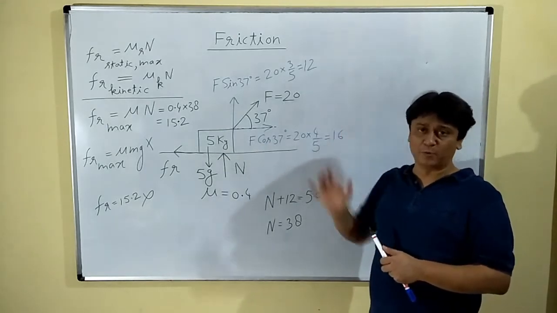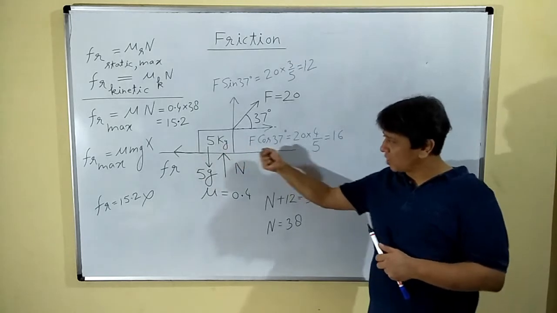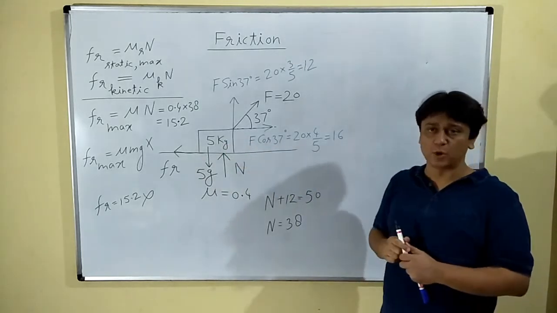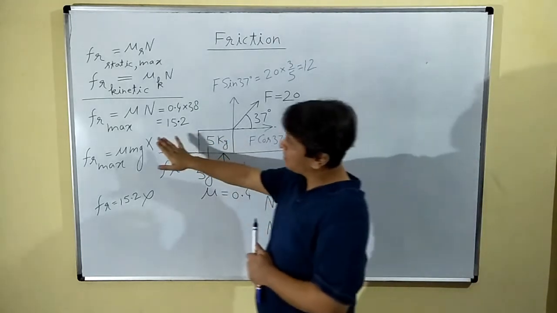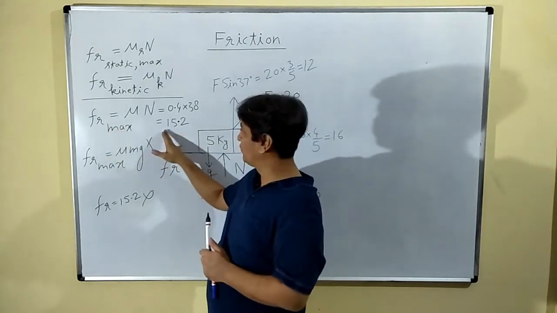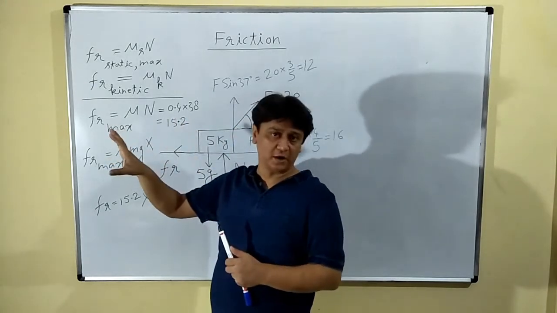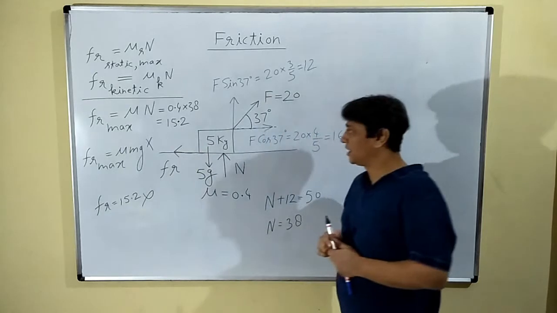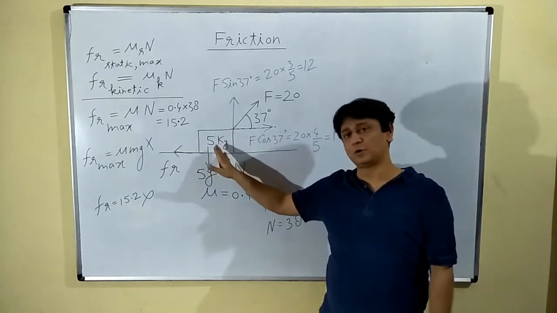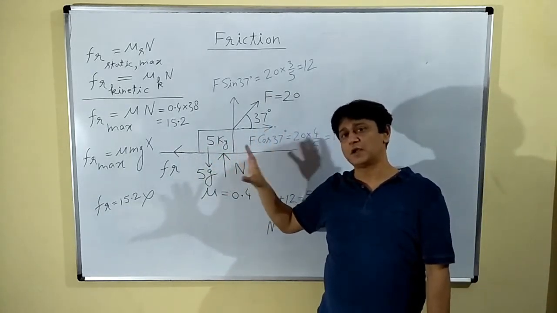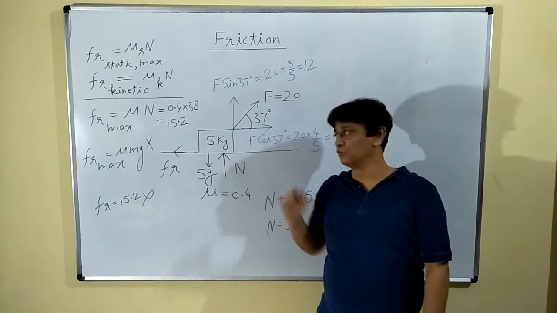16 लोगों का एक ग्रुप है और वो इस 5 kg को आगे खींचने के लिए लगे हुए हैं. Fr maximum का मतलब है 15.2 लोगों का एक ग्रुप है और उनको रिस्पॉन्सिबिलिटी दी गई है कि इस 5 kg को रोक कर रखना है. It should not move.